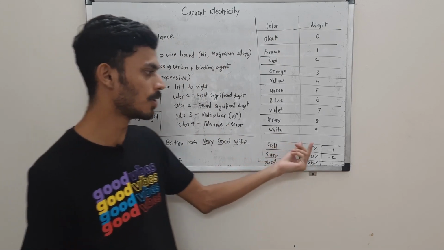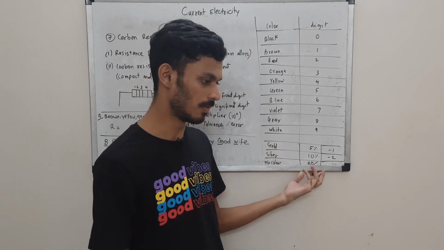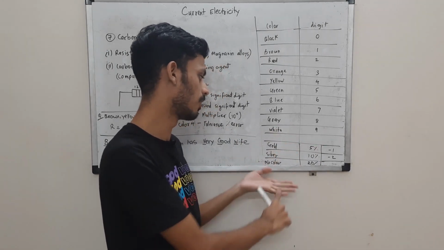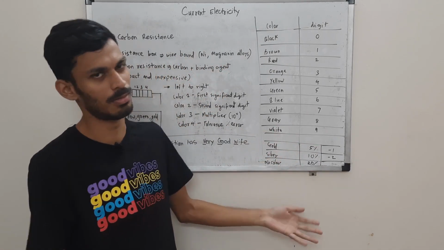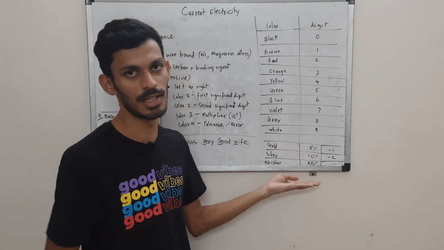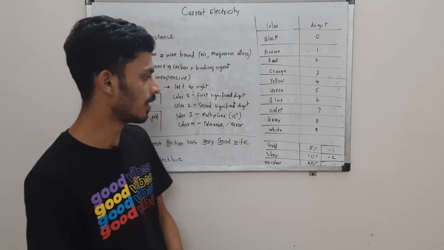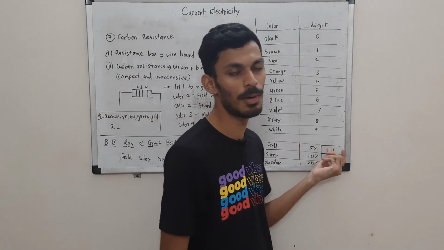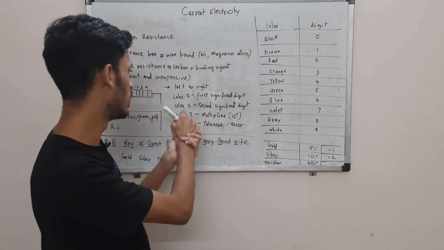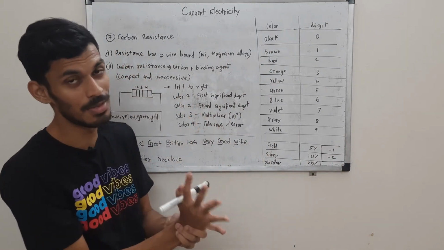This will give you the percentage error, this is basically for color 4. Color 4 will be any one of them. Either it will be gold, silver, or there might be no color over there. In that case you'll have different percentage-wise error. Gold represents 10 to the power minus 1. Usually these colors are not used in 1, 2 and 3, but sometimes it might be used.